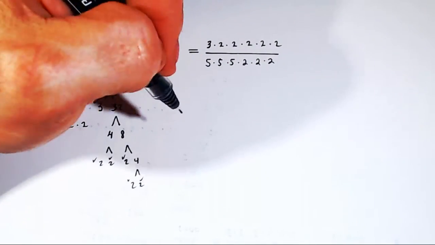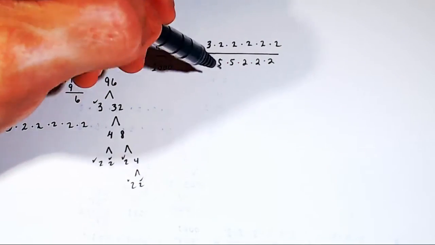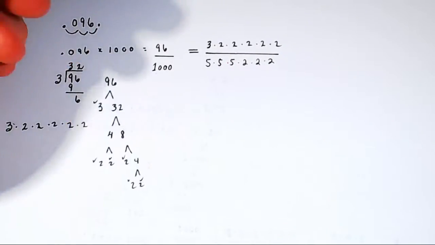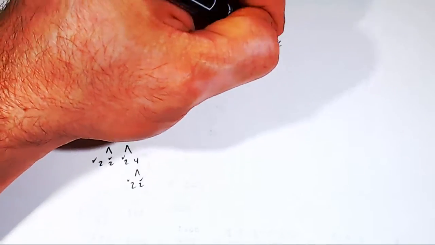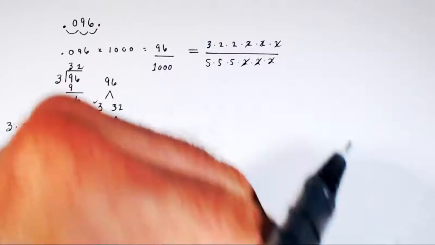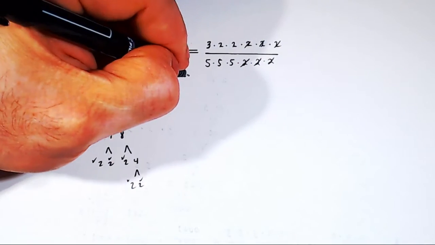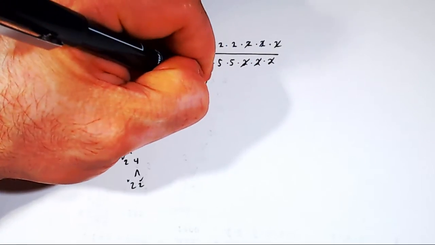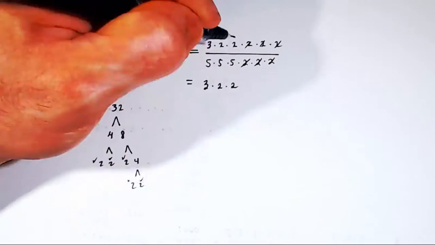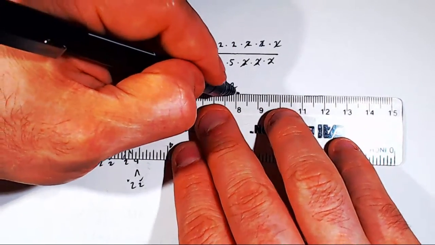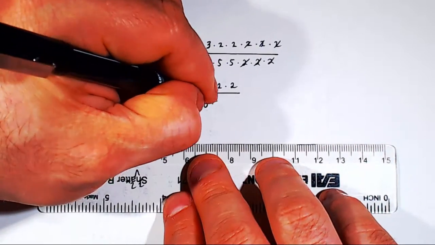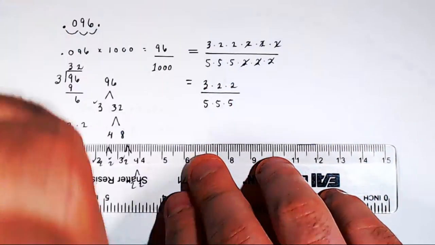And cross out the things that are shared in both the numerator and denominator. So in this case it would be these 2's and nothing else. So now let's write down what's left. 3 times 2 times 2 over 5 times 5 times 5.